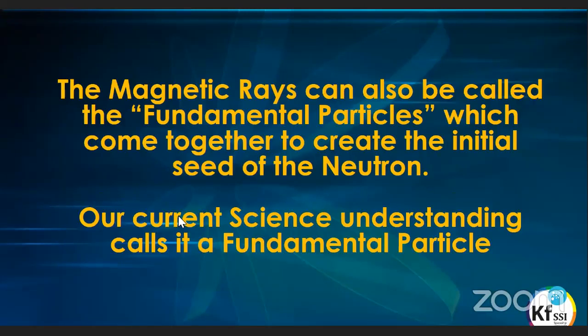And our current science and understanding will call it a fundamental particle, but it's just the interaction of these magnetic rays that will lead to everything that we see around us. It's this interaction, forming a dynamic interaction between all these fields, that under certain conditions will manifest what is needed in that condition.